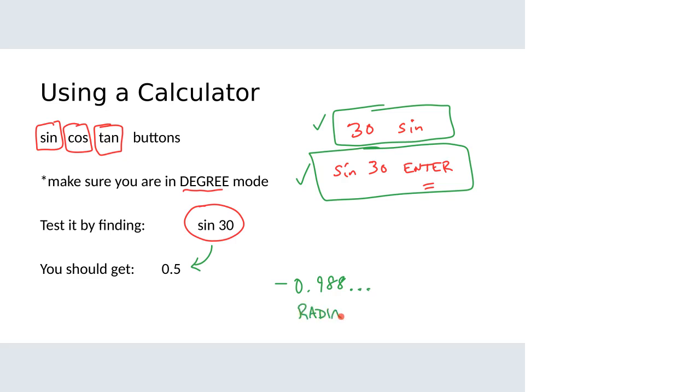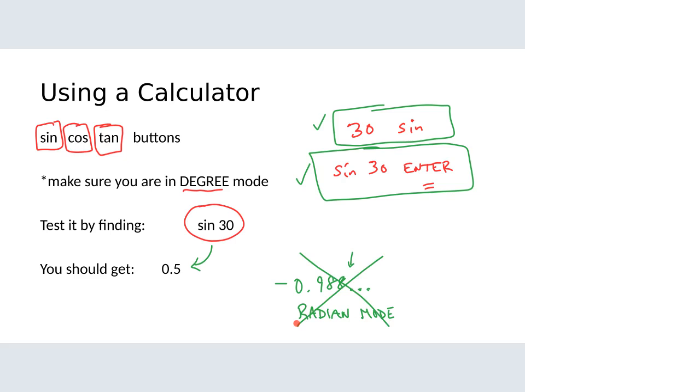There's another way to measure angles. We're going to measure angles in degrees, but you can also measure angles in radians. It's very common to do that in a trigonometry course. We're not going to use that though. If you get negative 0.988, it means your calculator's in radian mode. We don't want that. We want to make sure you're in degree mode.